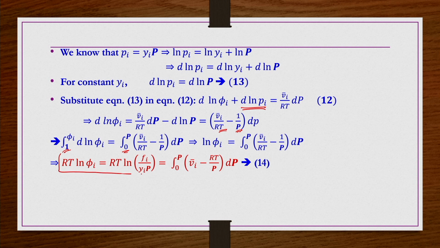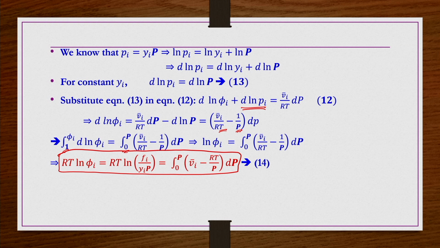So, now you can see we have an explicit equation relating the fugacity coefficient of component i in the mixture to the temperature, pressure and composition of the system.